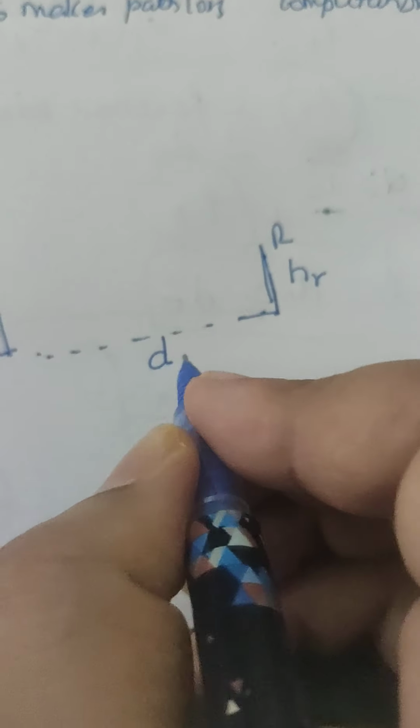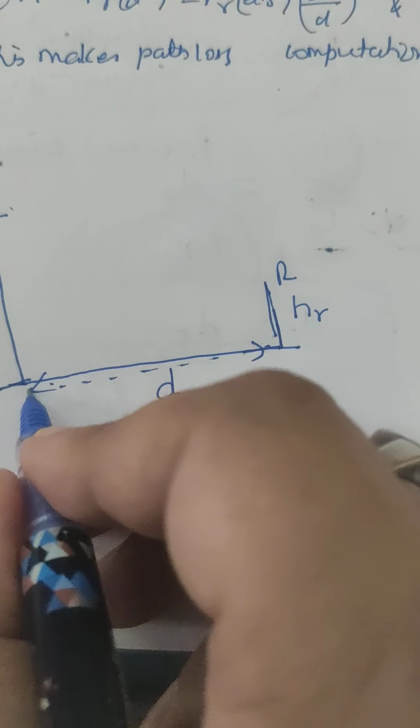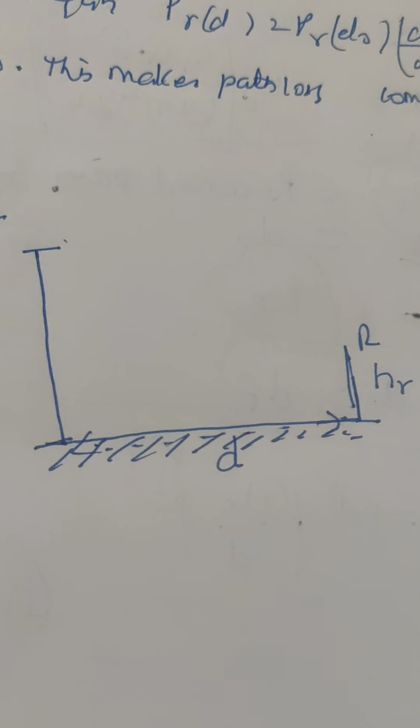HT, HR, and separation distance d, kept on the surface of the earth, which is assumed to be flat.